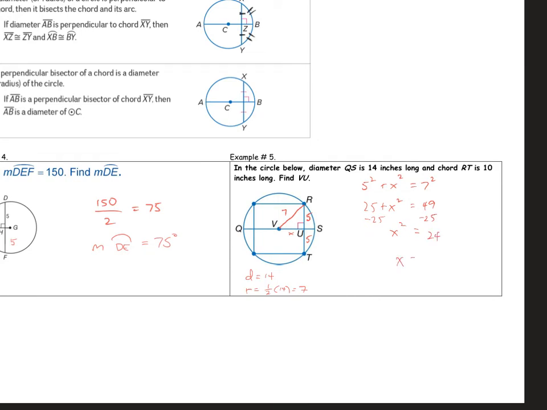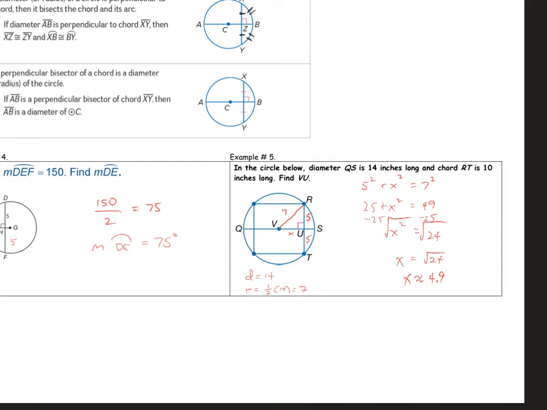So x is equal to the square root of 24. Remember, we have to take the square root here. I could evaluate that on my calculator and round to the nearest tenth. The square root of 24 is 4.89, so x is about 4.9 units if I round to the nearest tenth.